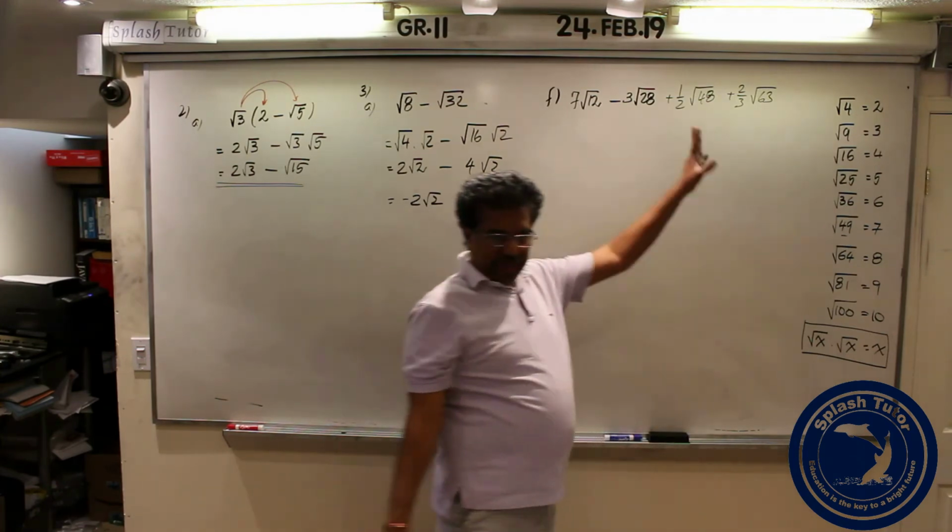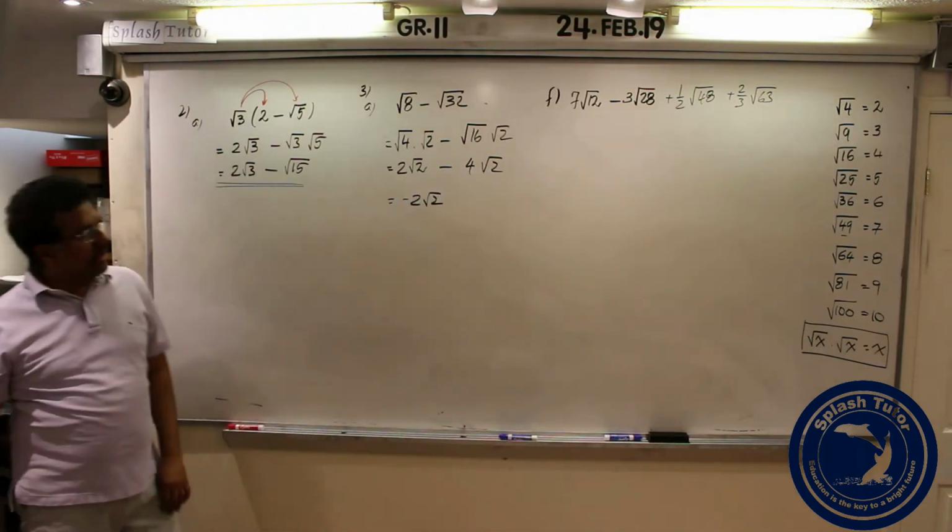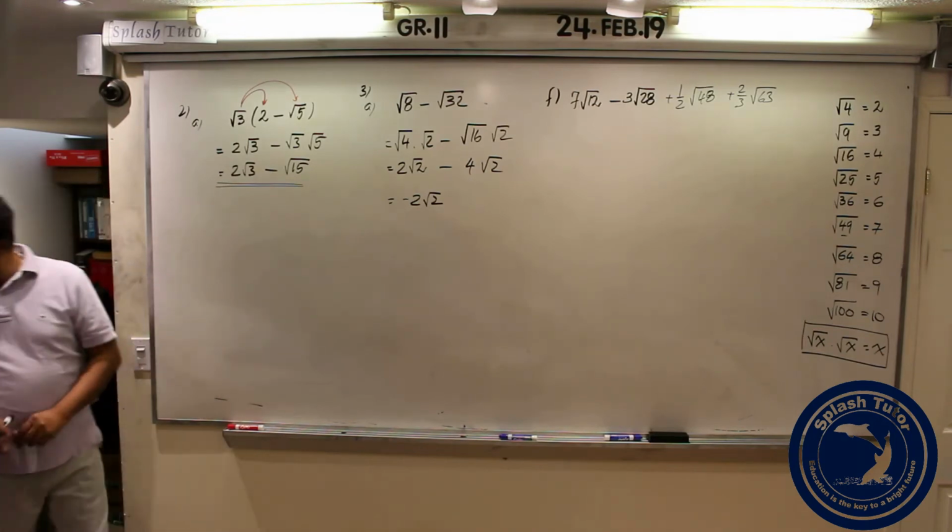Now, we need to find all the numbers here. First of all, find the numbers that can be simplified first, right?